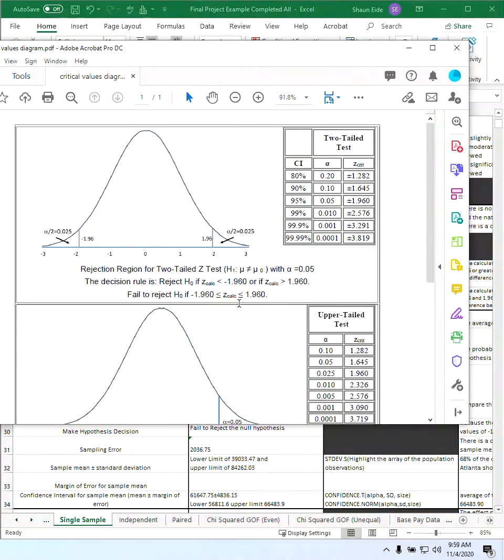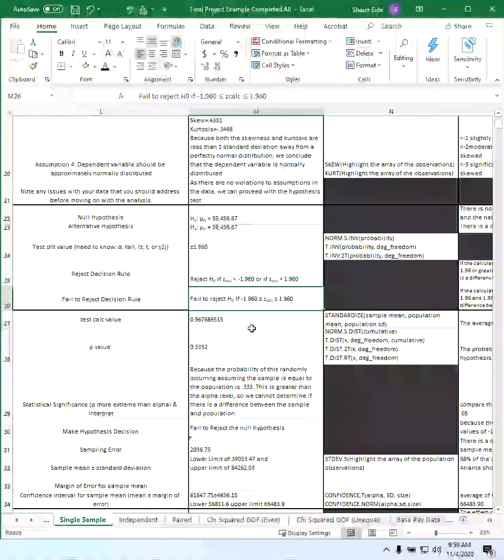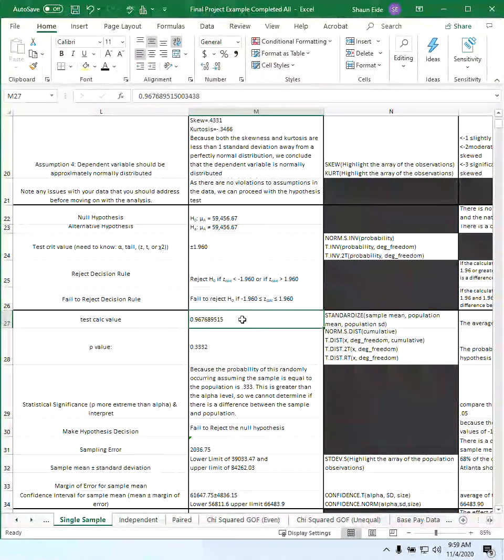And this is an example. If you have a 99 percent level, it's going to be fail to reject between plus or minus 2.56, and then reject outside of that. Then we're going to do the test calculated value.